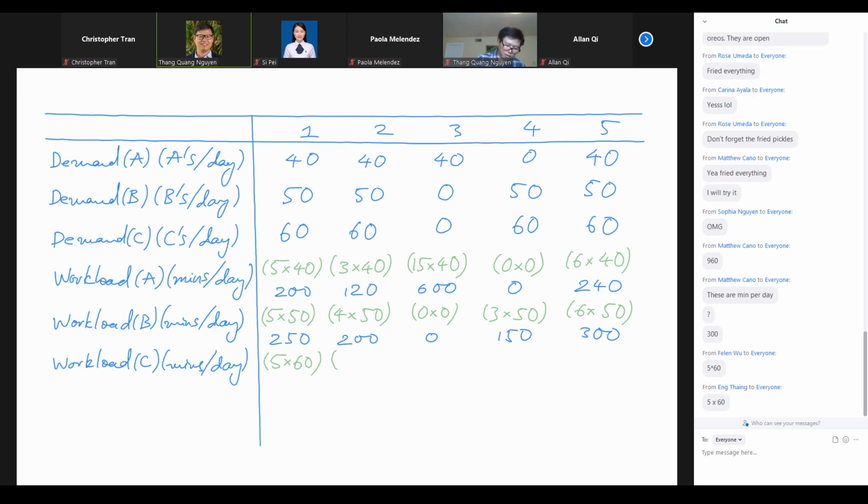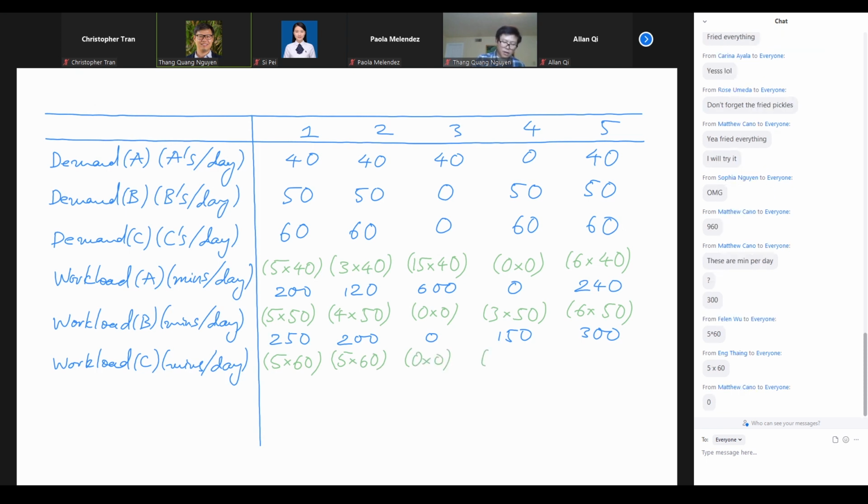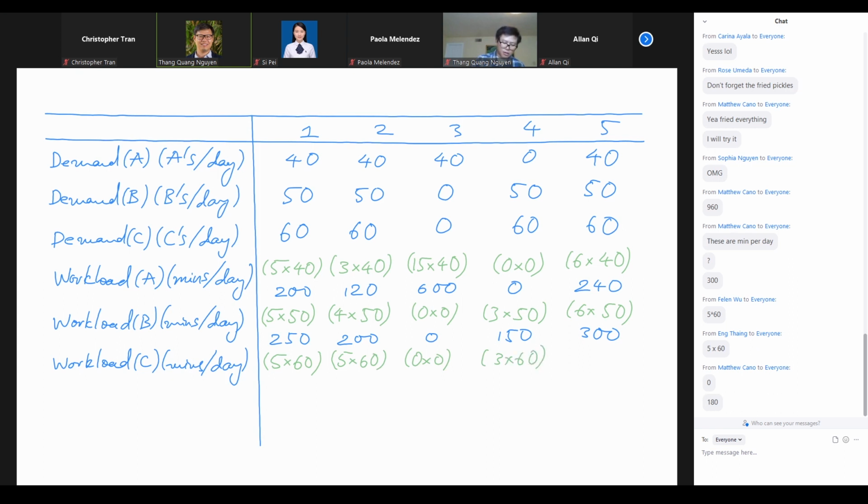So it takes 5 minutes, and because we have 60 units, we multiply that with that. The next one, we got 0 times 0, and then we have 3 times 60. I believe now everybody sees that. That's 180.